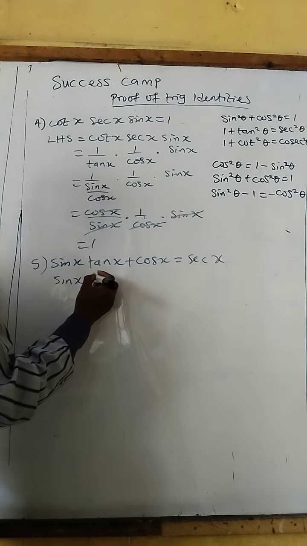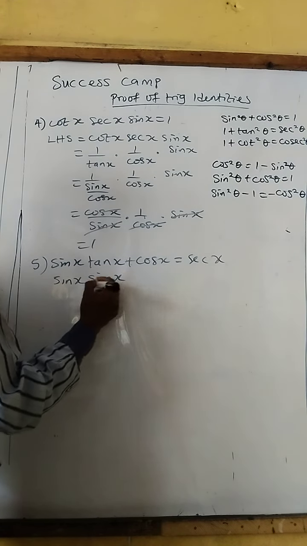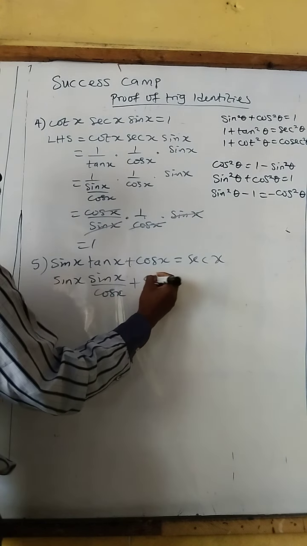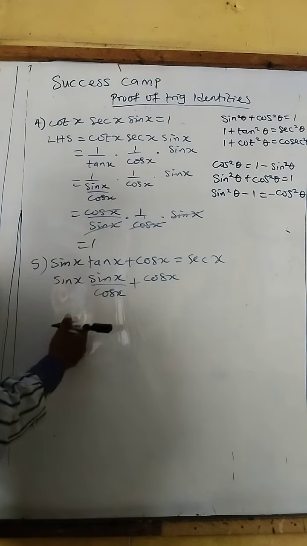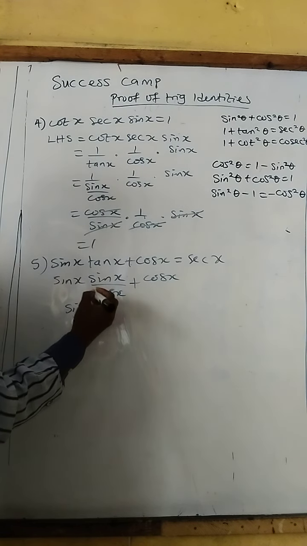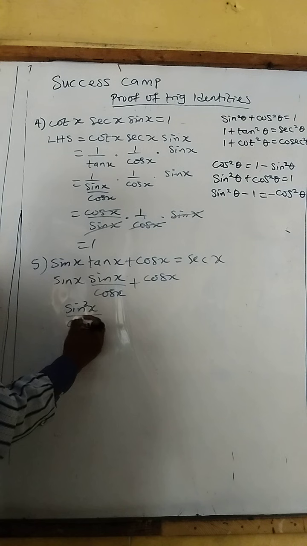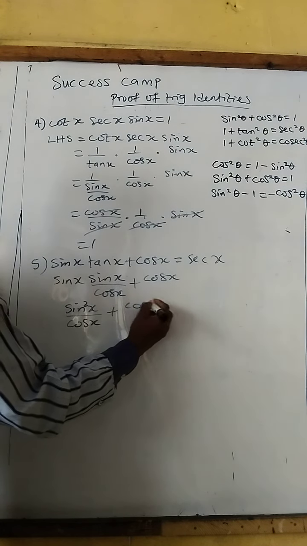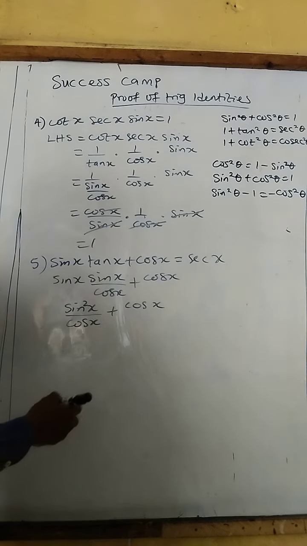My tan x will be sin x over cos x, plus cos x. So this is sin x, sin squared x over cos x plus cos x over 1.